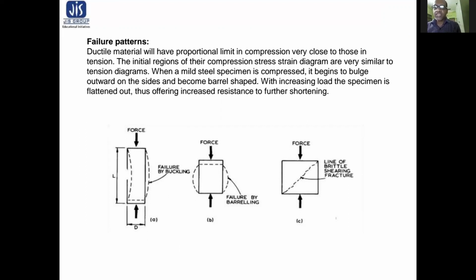The initial region of their compressive stress-strain diagram is very similar to the tension diagram. When a mild steel specimen is compressed, it begins to bulge outward on the sides and become barrel shaped. With increasing load, the specimen is flattened out, thus offering increased resistance to further shortening.